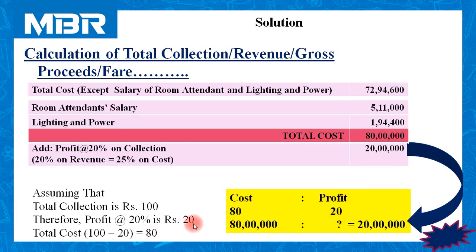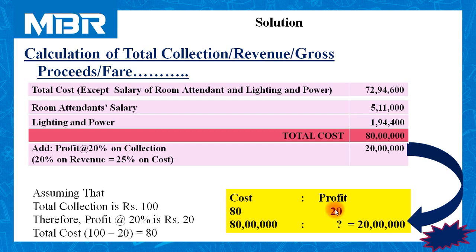When cost is 80, profit is 20. So when the cost is 80 lakhs rupees, it is given in the table mentioned on your screen, 80 lakhs. So when the cost is 80 lakhs, profit is how much? Simply multiplication of 80 lakhs with 20 and it is divided by 80.